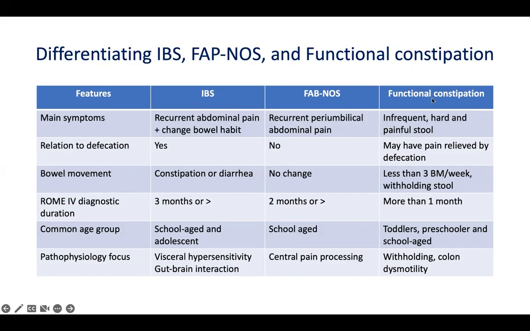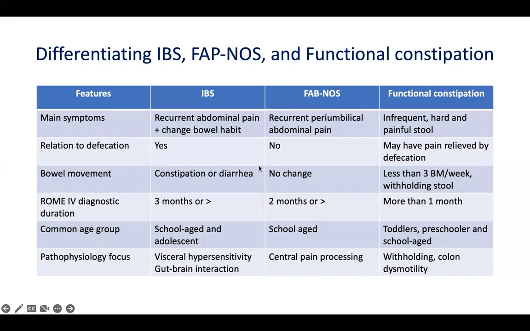For functional constipation, they can present with abdominal pain, although the main symptoms are infrequent, hard, painful stool, but they can present with pain that gets relieved by defecation. And the main symptoms are the constipation and the withholding behavior.